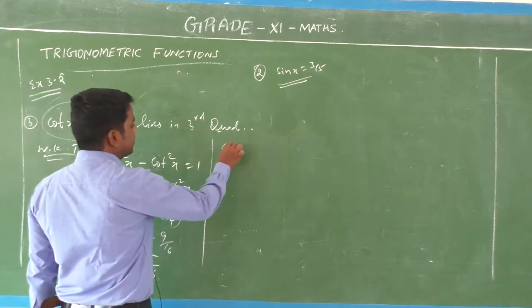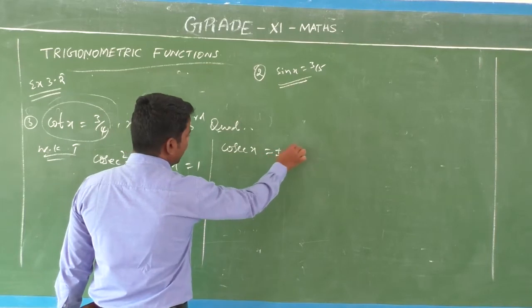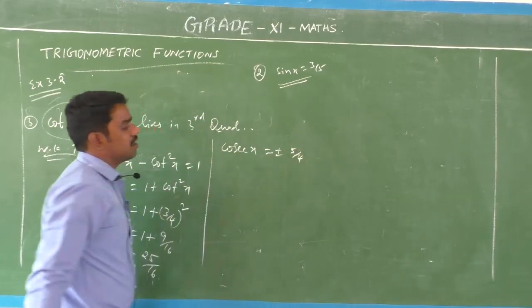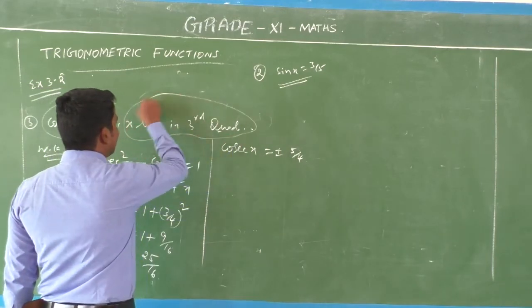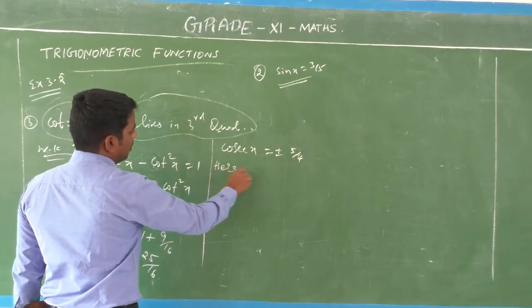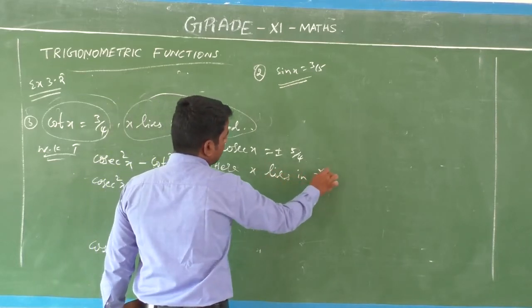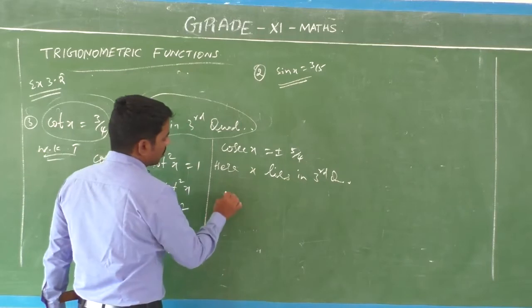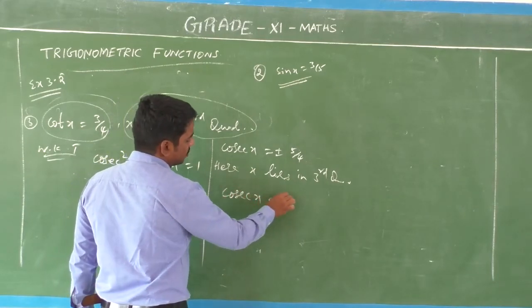Then cosecant x is equal to plus or minus 5 by 4. But here x lies in the third quadrant, so the cosecant x value is negative, less than 0.